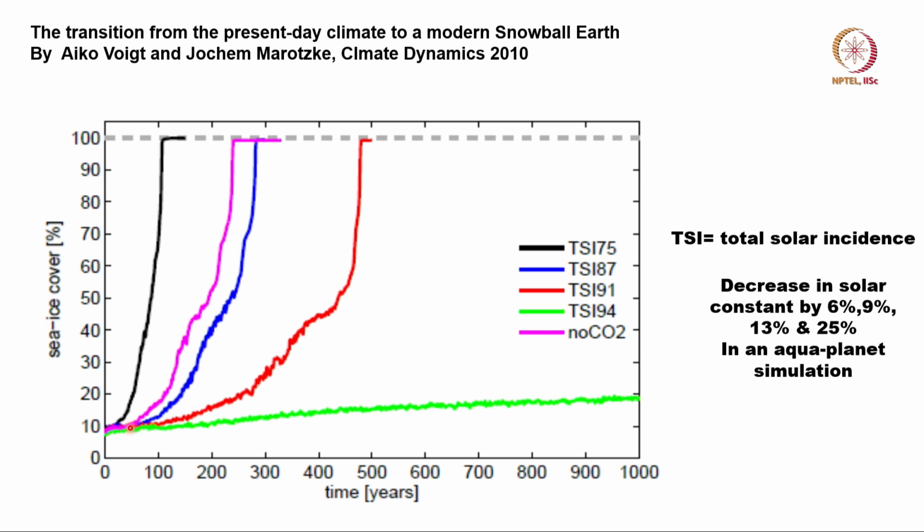If you remove CO2, within 200 years, Earth becomes completely ice covered. So I want you to remember this case because it shows the very important role played by carbon dioxide in Earth's climate. If you remove all the carbon dioxide from the Earth, the 420 ppm that's there now, within 200-250 years, Earth will be ice covered.